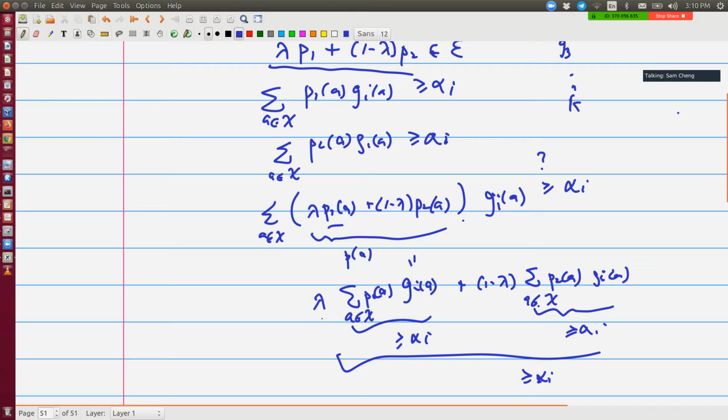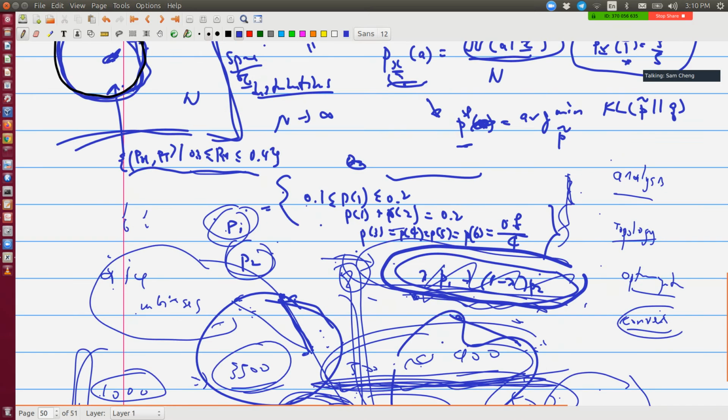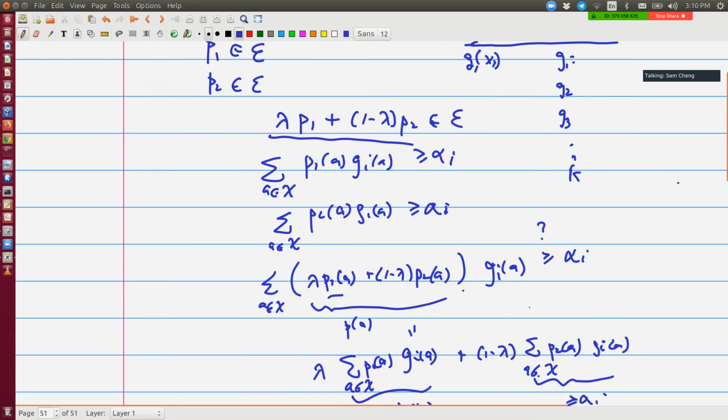Because this is a weighted average of these two. So this is a closed convex set.